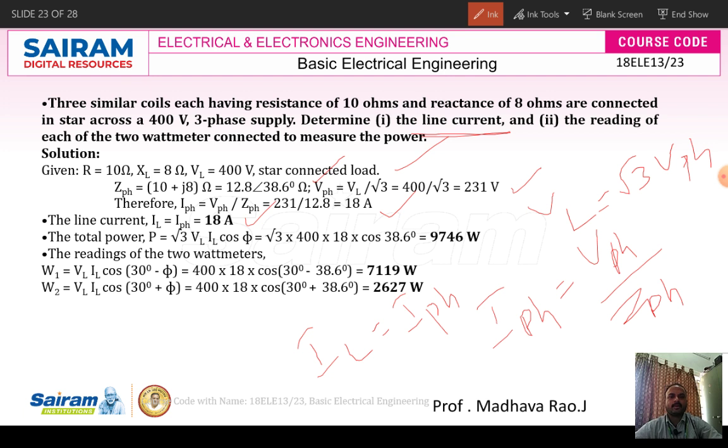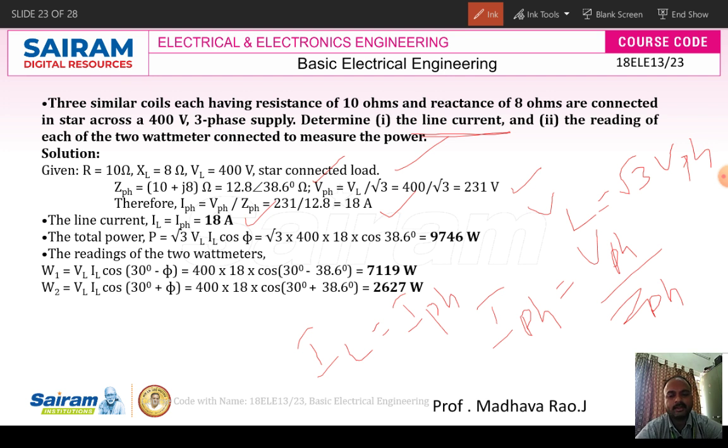Coming to the total power, P is equal to root 3 VL IL cos phi, root 3 into VL IL cos 30, so 97746 watts. Then the two wattmeter readings. According to the two wattmeter method, wattmeter 1 is W1 equal to VL IL cos of (30 minus phi), and for the other wattmeter, cos of (30 plus phi).